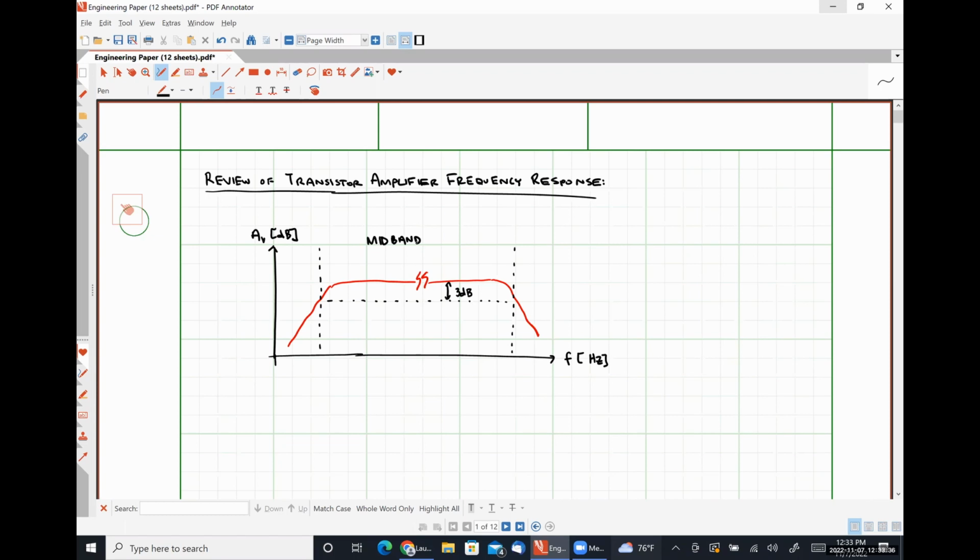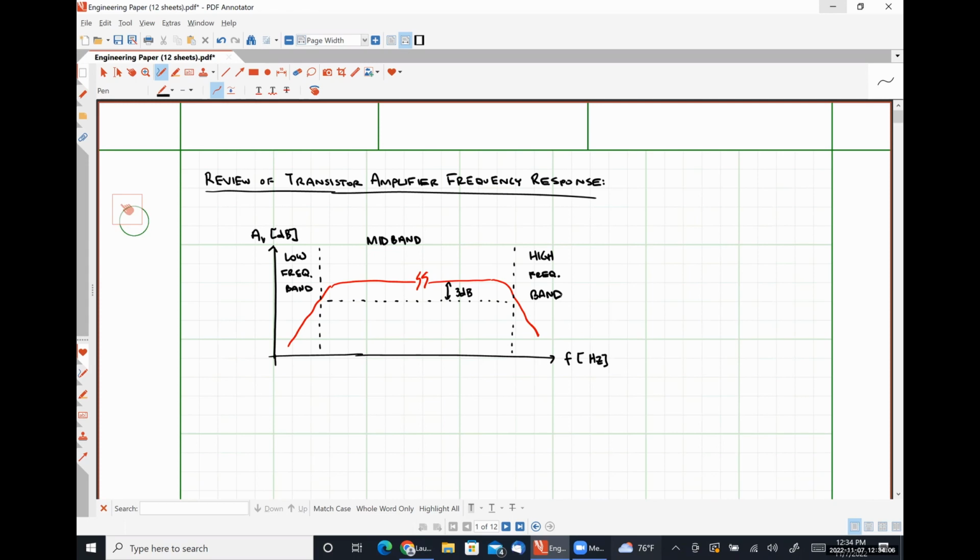On the left-hand side, we have our low frequency band, where all of our coupling capacitors are transitioning from open circuits to short circuits. And over here on the right-hand side, we have our high frequency band, where all of our internal capacitances are transitioning from open circuits to short circuits, okay?